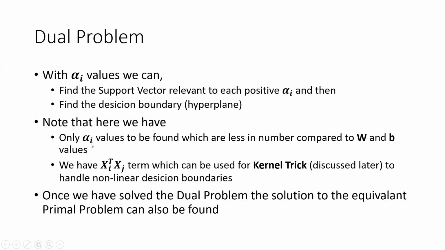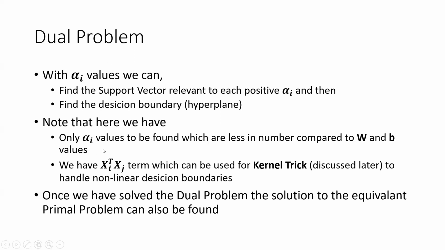When it comes to this dual problem, we will only have to find alpha i values that are relevant to support vectors. There would be very few support vectors in the data set, because most of the data points are not support vectors, which are away from the decision boundary.